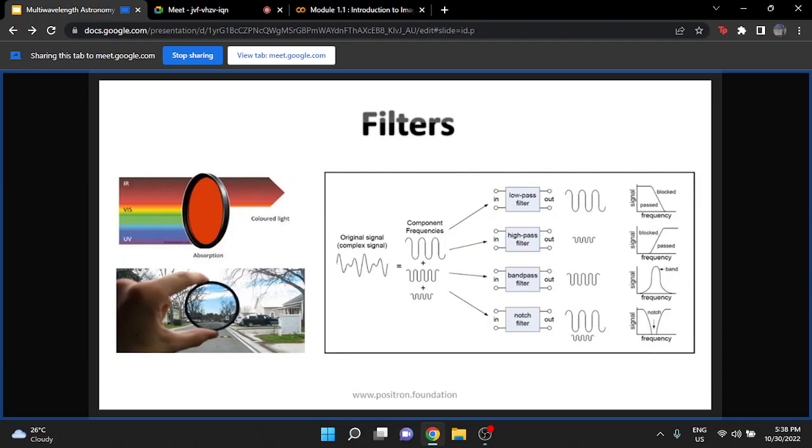I think most of us understand this. Essentially, it removes or keeps a particular section of the radiation that we're getting. In electronics, we do this with frequencies. If we only want from this frequency to this frequency, we keep a band pass filter. So we only get oscillations in that particular frequency.